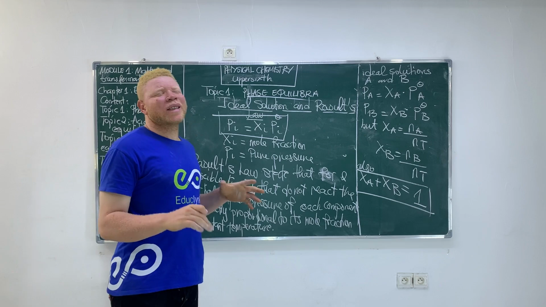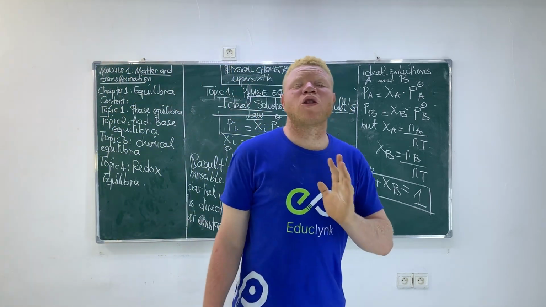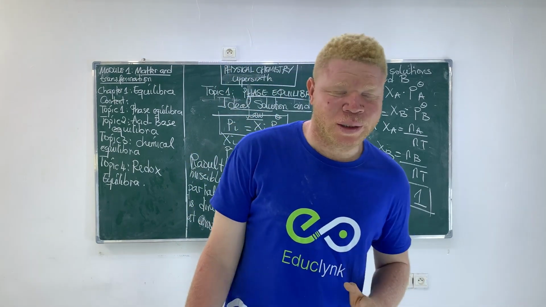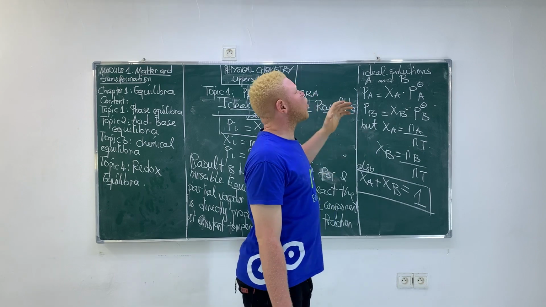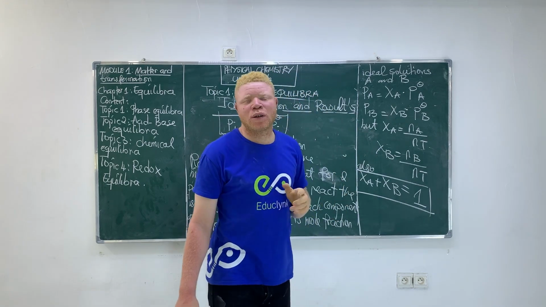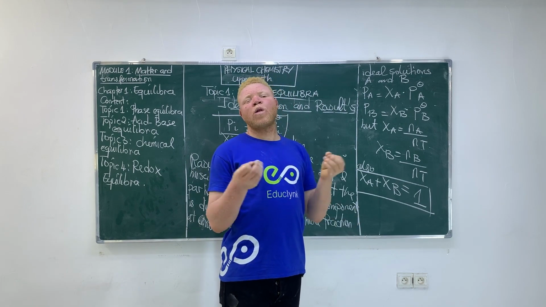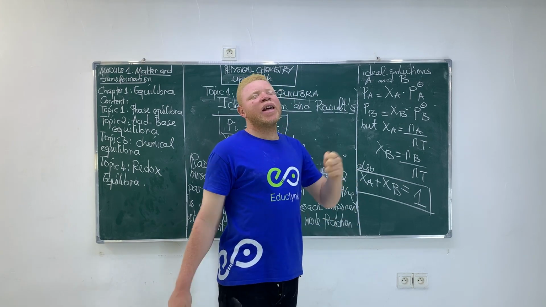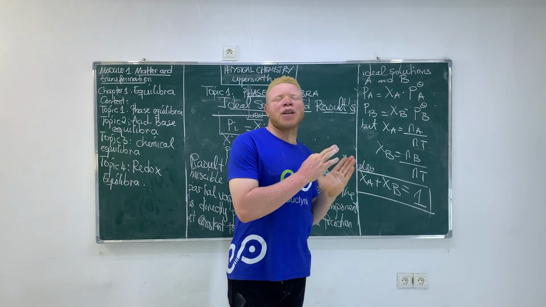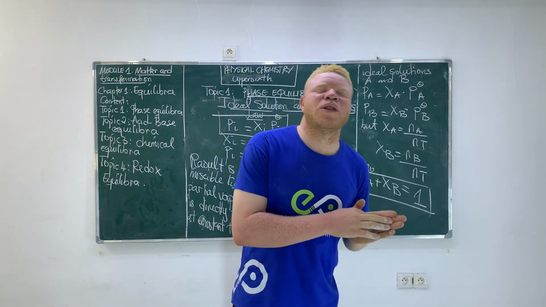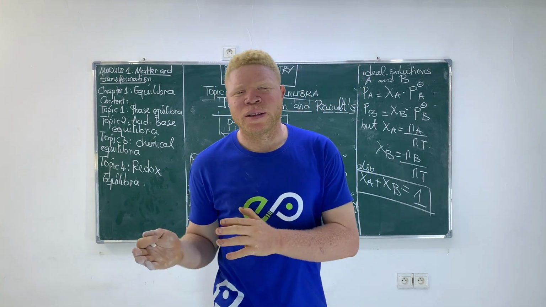So I give you the mathematical expression. If you have a mixture of two components, A and B, we can calculate the partial pressure of A in the mixture, and the partial pressure of B also.